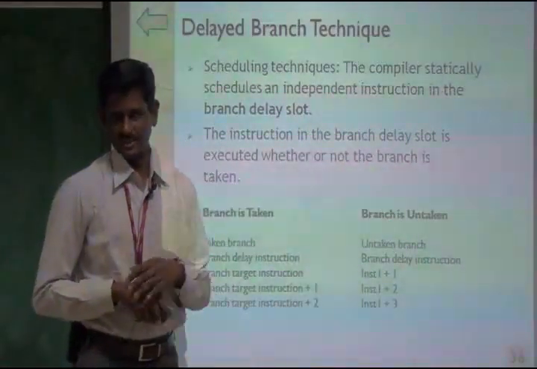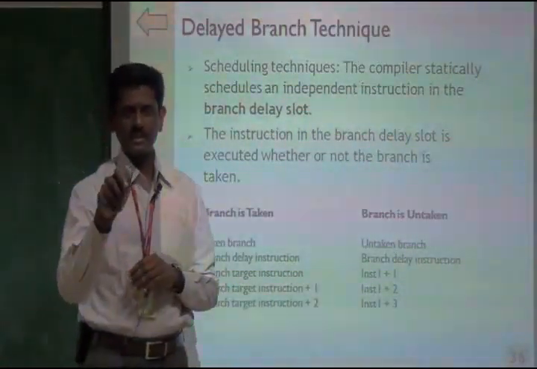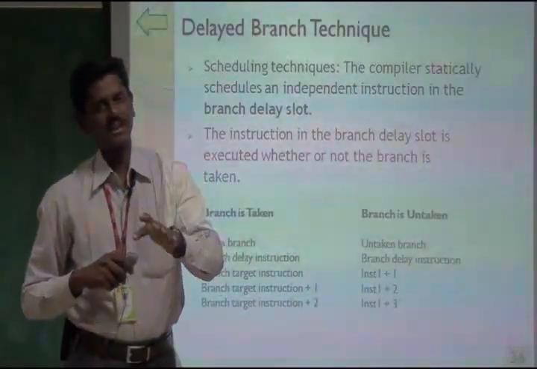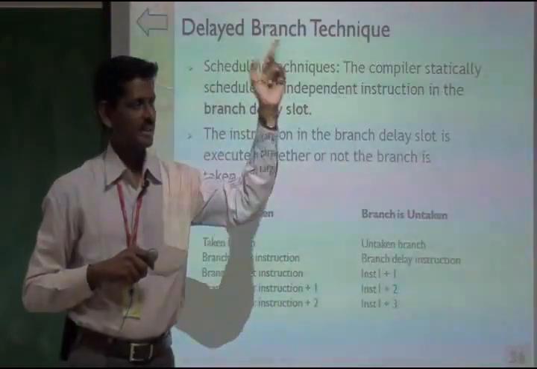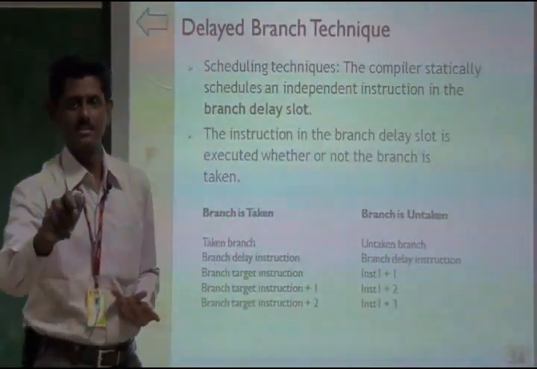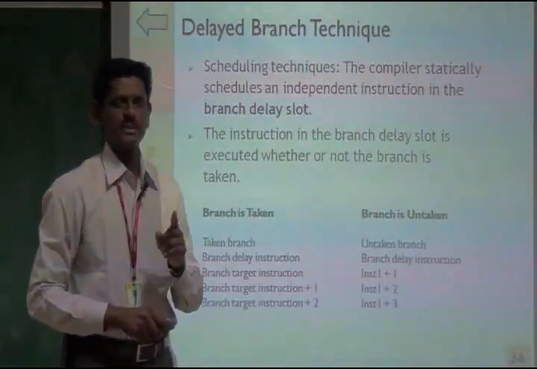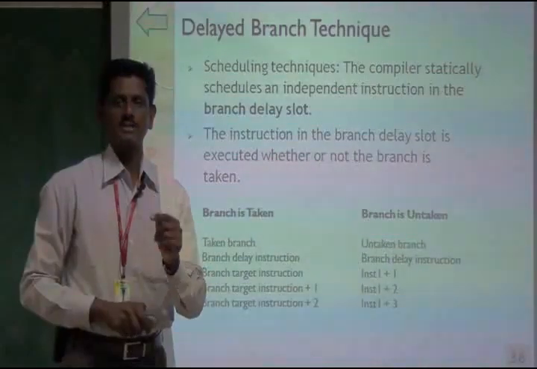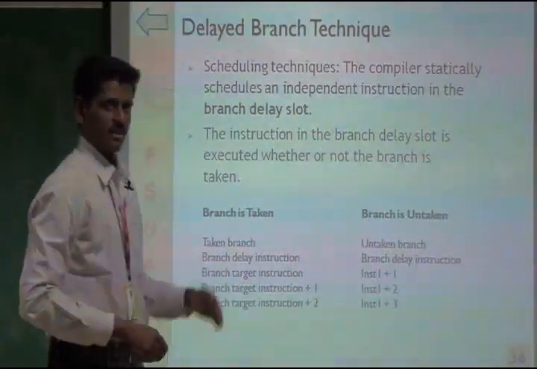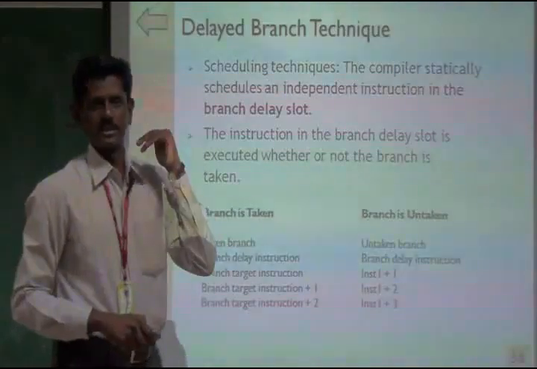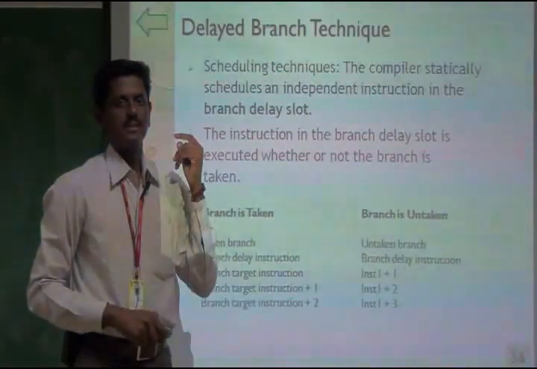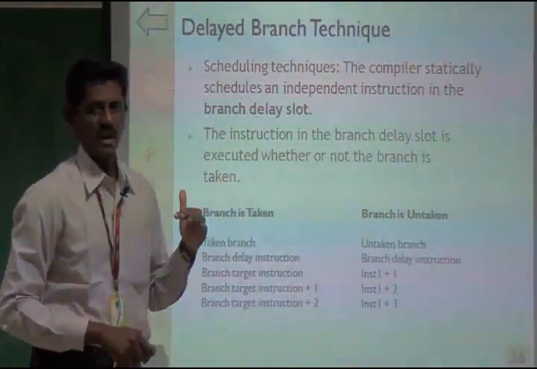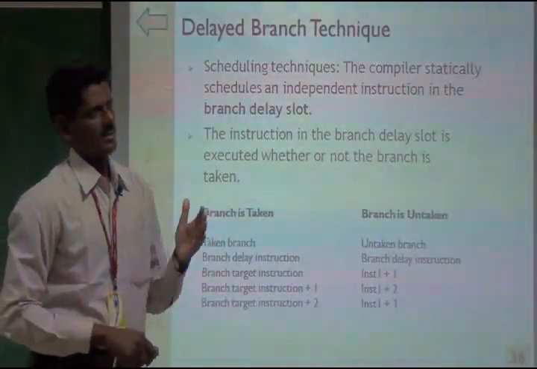Independent instruction means the instruction is totally independent of the branch operation. Whether the branch is taken or not, it does not matter, that instruction must be executed. Such instructions are identified, and they are allowed as the second instruction after the branch instruction, right?